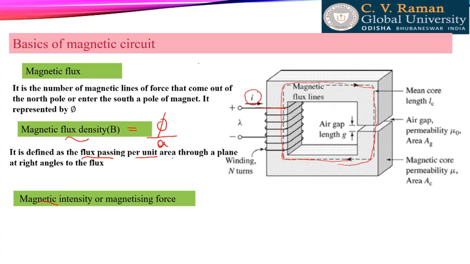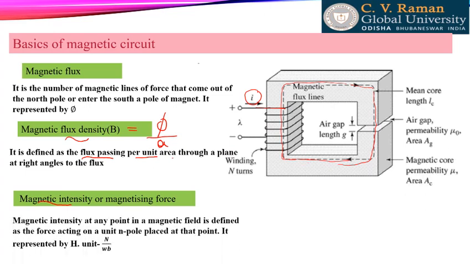Then magnetic intensity. So how much force are we experiencing in any field? It can be defined as how much force is acting on a unit north pole. Why have we taken a unit north pole? Because we have to define its unit. We have taken, suppose, one point.